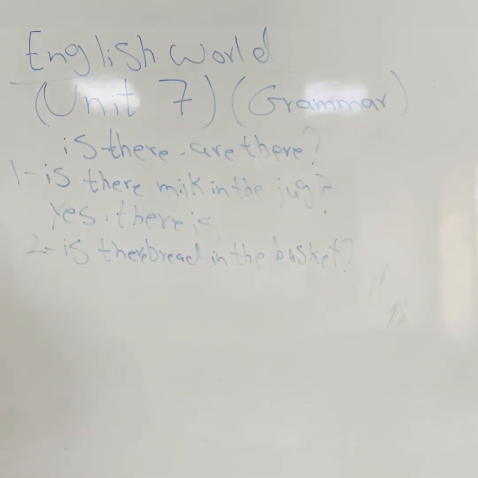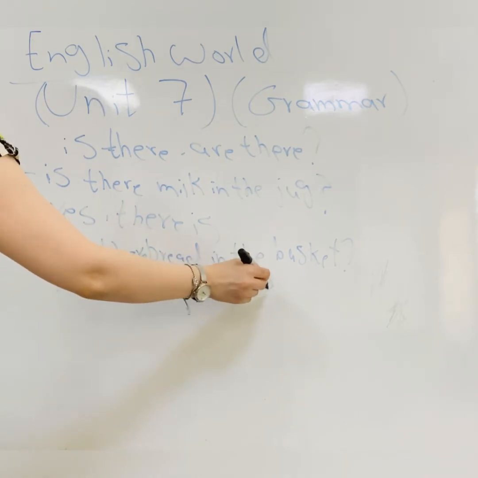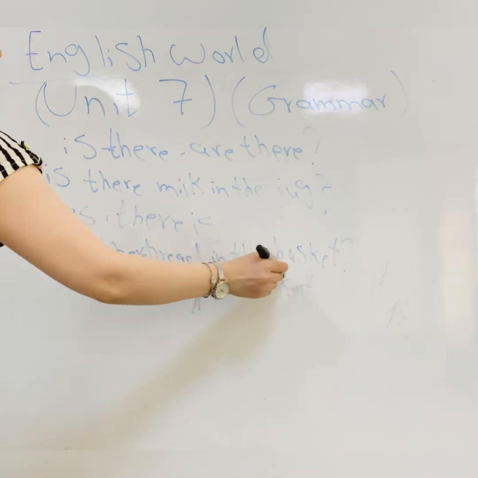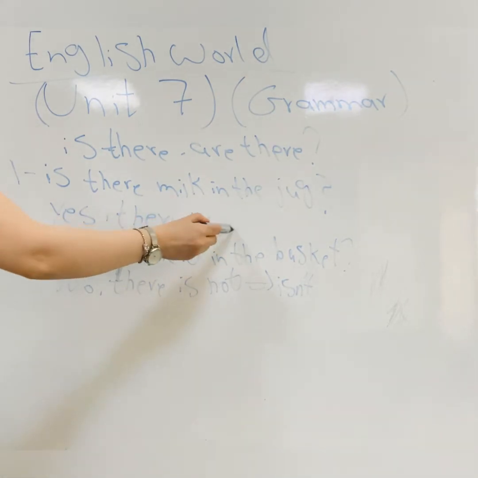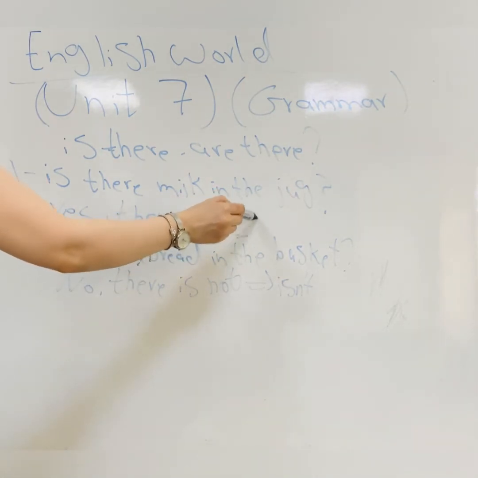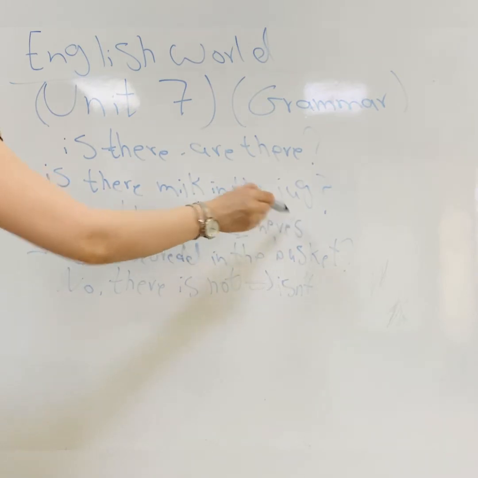Because there is no bread in the basket, the answer this time will be no, there is not. No, there is not, or there isn't. Okay? Did you get it? Okay. Also here there is, we can make it a short form, we say there's, okay, this way.